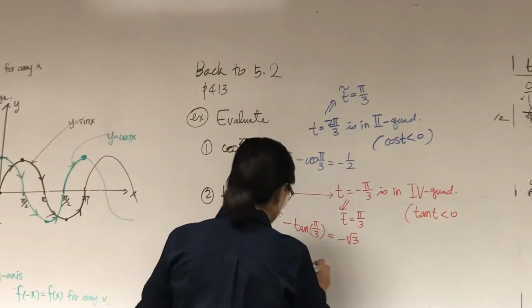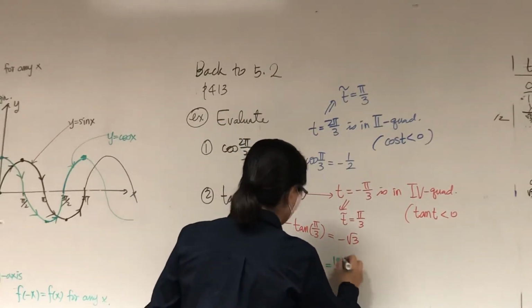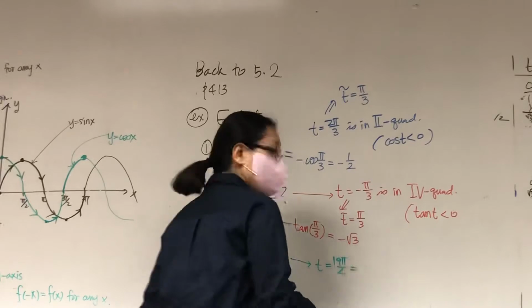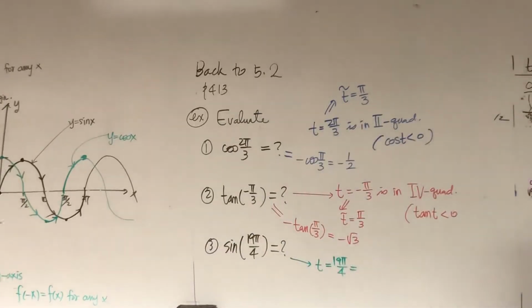How about this one? Your t is 9 pi over 4. How many revolutions do you have to eliminate? Don't confuse it.